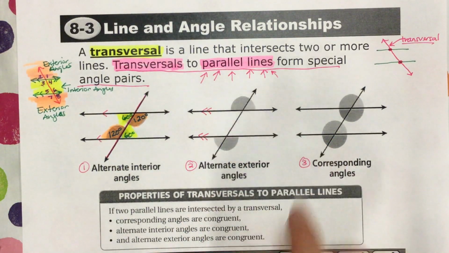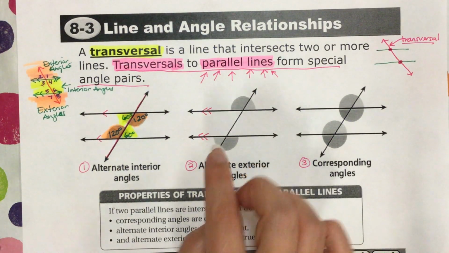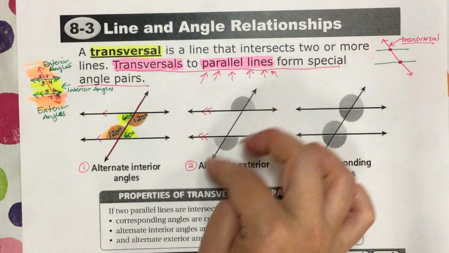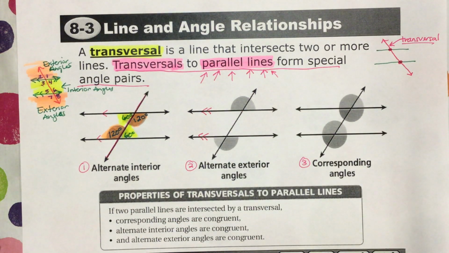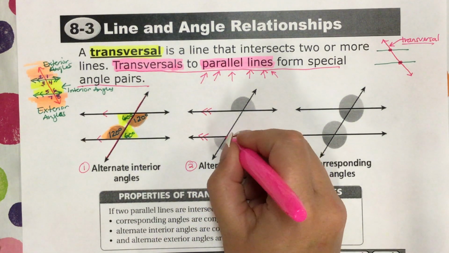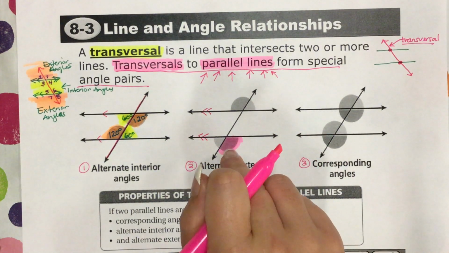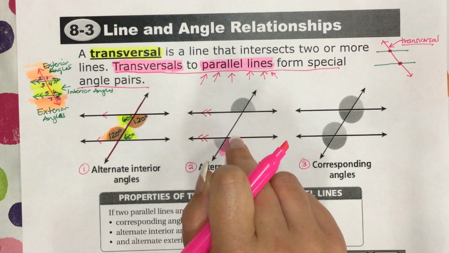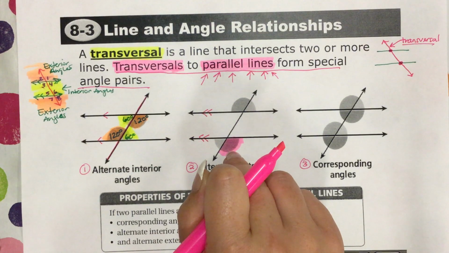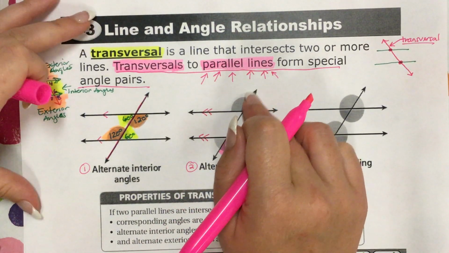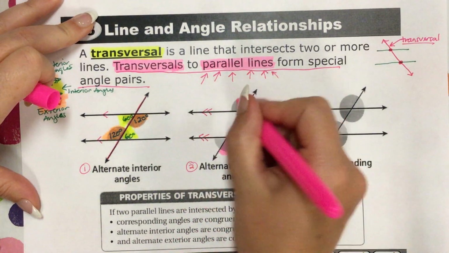Those are exterior angles, but they're alternate. They're on alternate sides of this transversal. So if we have one angle right here, the alternate exterior angle is going to be over here on the other side of the transversal.